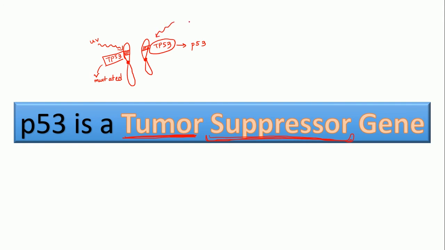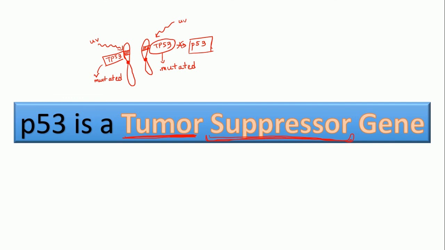Now, if both of these genes are UV radiated and mutated, then there would be a problem, because I do not have a functional p53 gene. Now, this is why a recessive mutation on both the TP53 genes will turn a cell into a cancerous one.